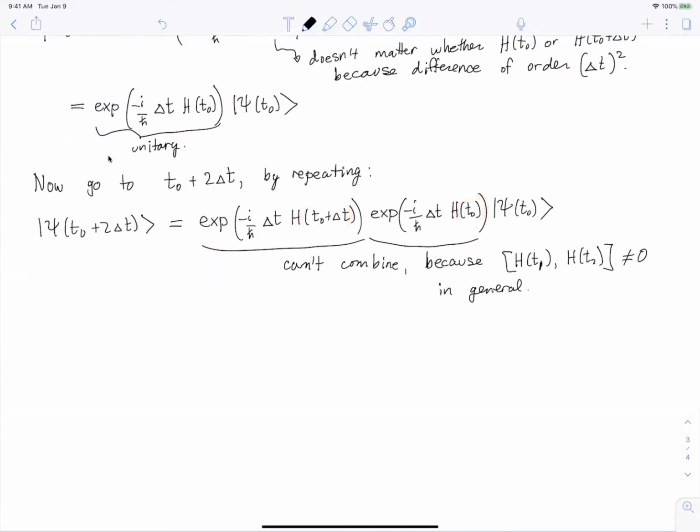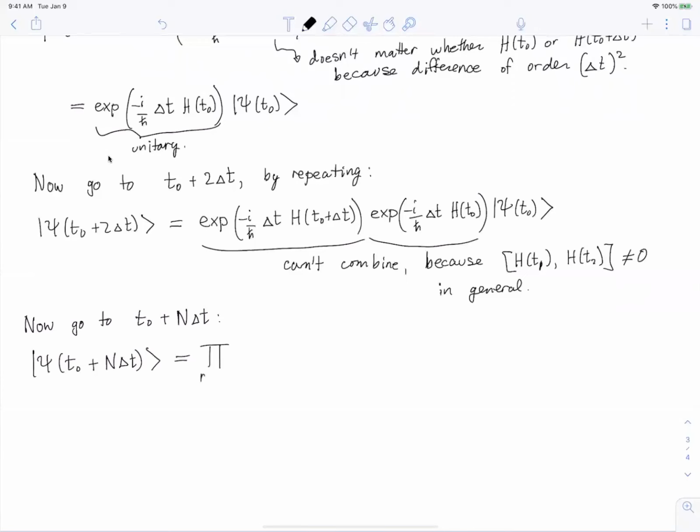Okay, so anyway, let's continue doing this. We can just keep adding delta t's, and what will we get in the end? So now go to t0 plus n delta t, and then we're going to find the state at that time is going to be a big product of exponentials.